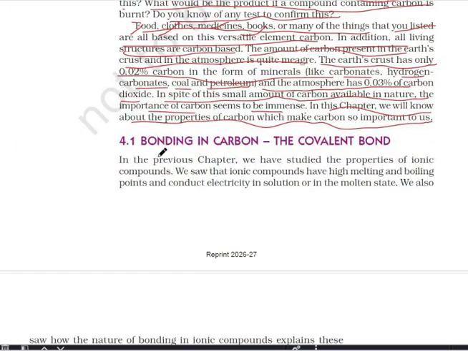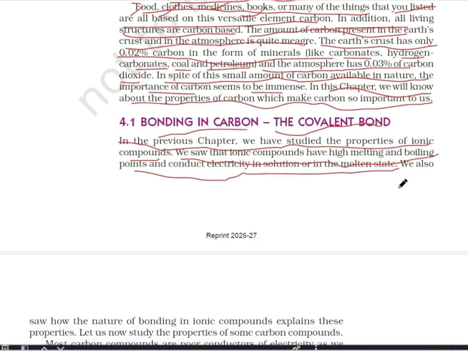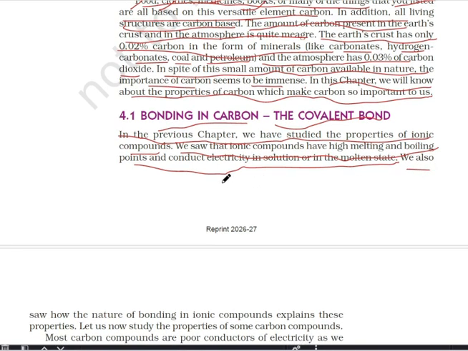Now, bonding in carbon, the covalent bond. In the previous chapter, we studied the properties of ionic compounds. We saw that ionic compounds have high melting and boiling points and conduct electricity in solution or in molten state, just like NaCl, an ionic compound.